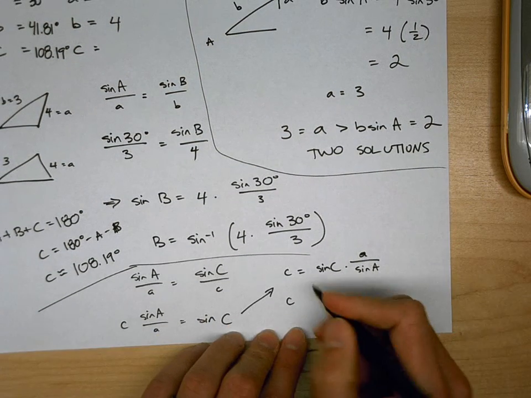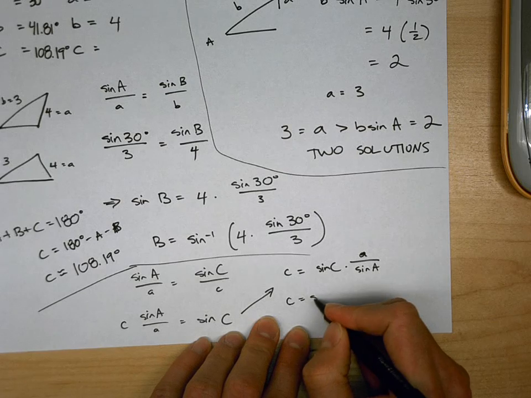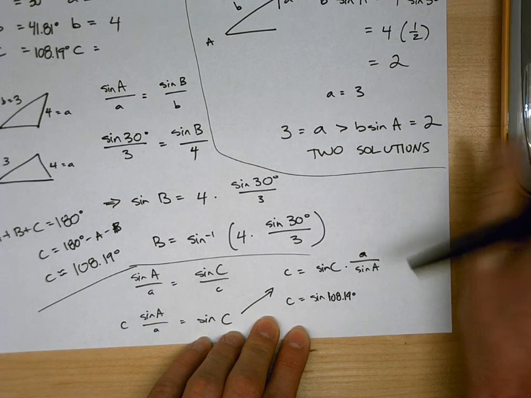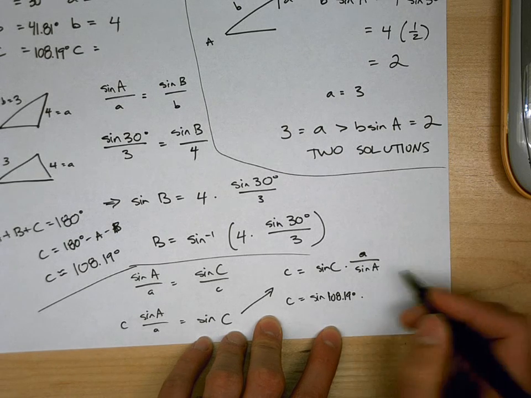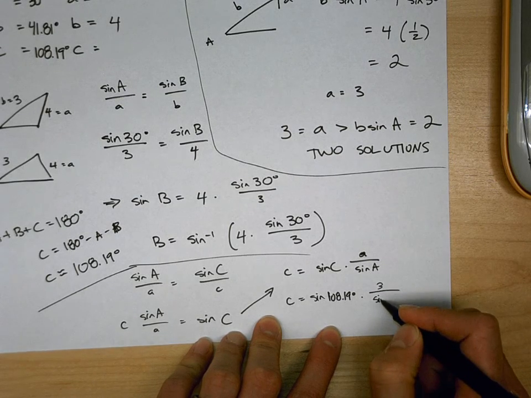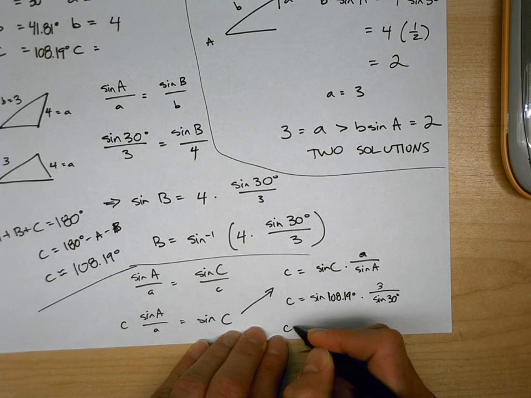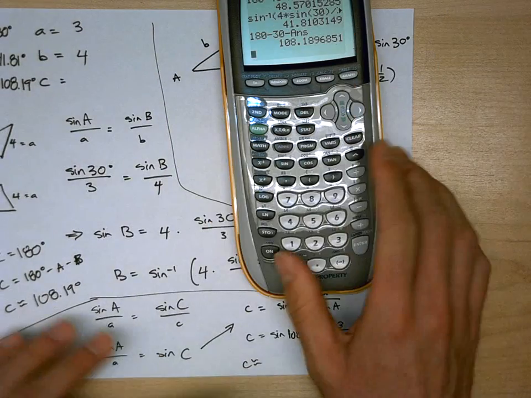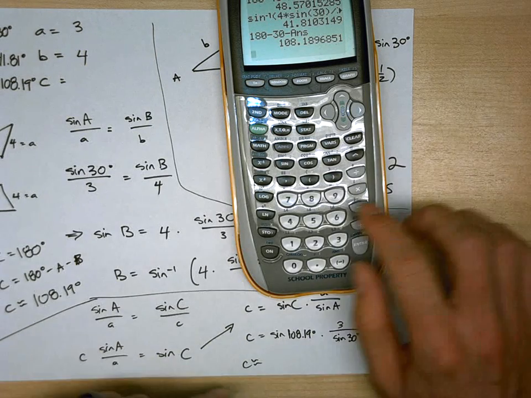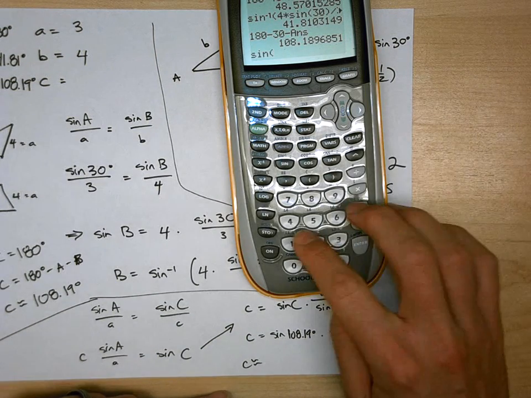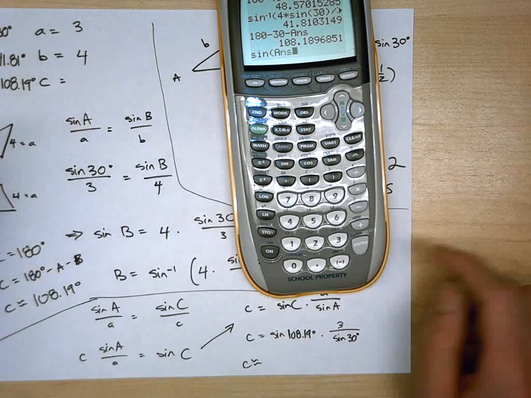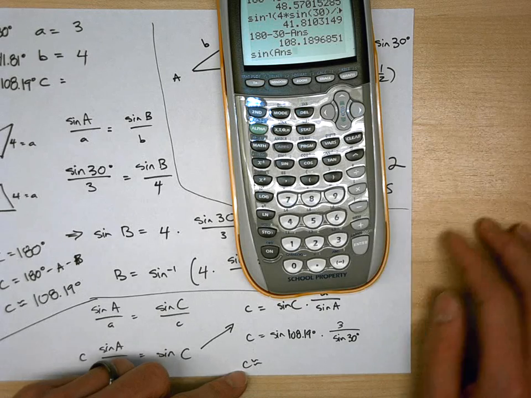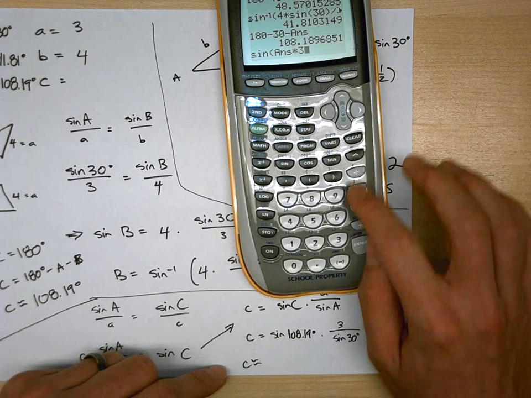So c is going to be equal to the sine of 108.19 degrees. You might want to use the value stored in your calculator for that, just to hang on to as much accuracy as you can, times 3 over sine of 30. So let's find out what that is. So we have sine of, I'm going to put sine of answer so that it uses that same 108, this whole decimal, times 3 divided by sine of 30.